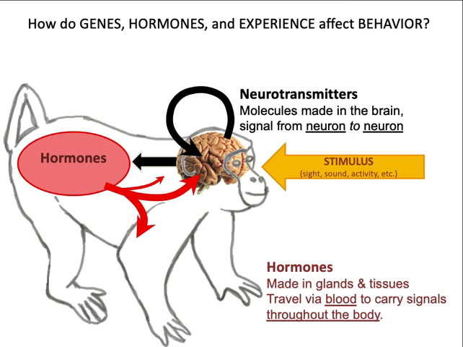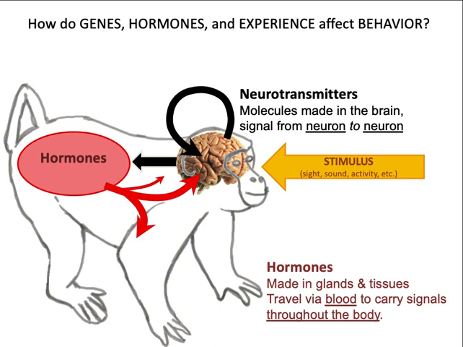And so adrenaline is a hormone that travels through the bloodstream all over the body and has effects everywhere, including the brain. And so adrenaline affects things like heart rate. It increases heart rate, dilates the pupils, it increases blood sugar levels, and so on. And so you probably know that if you've ever been startled or scared, again, whether it's a jump scare in a movie or something happens suddenly that startles you, you know that feeling that you get, your adrenaline starts pumping, and that's what that is.